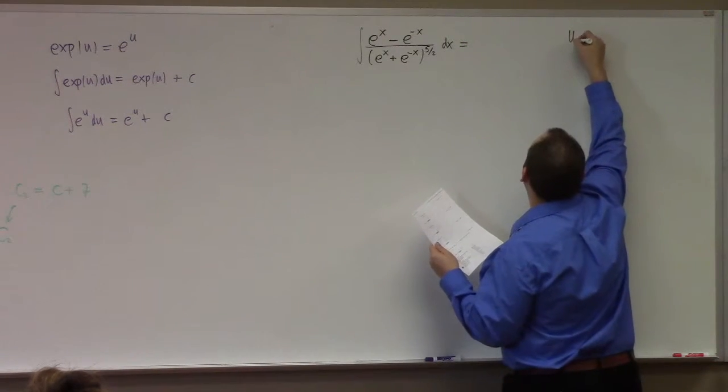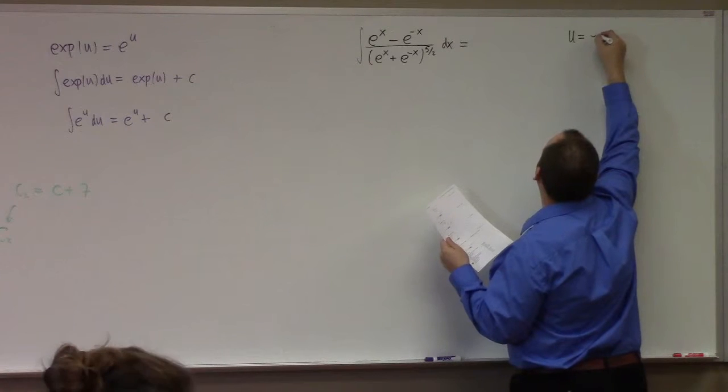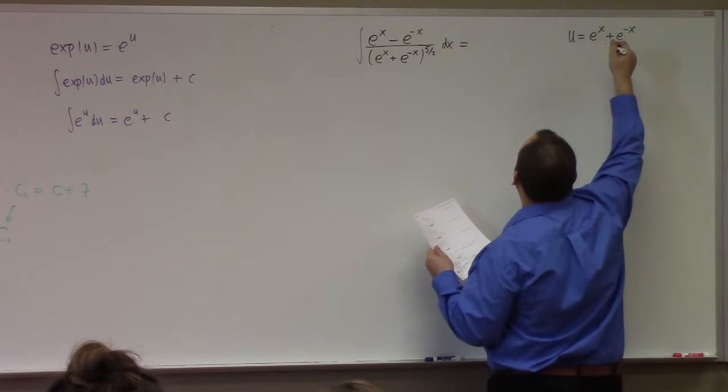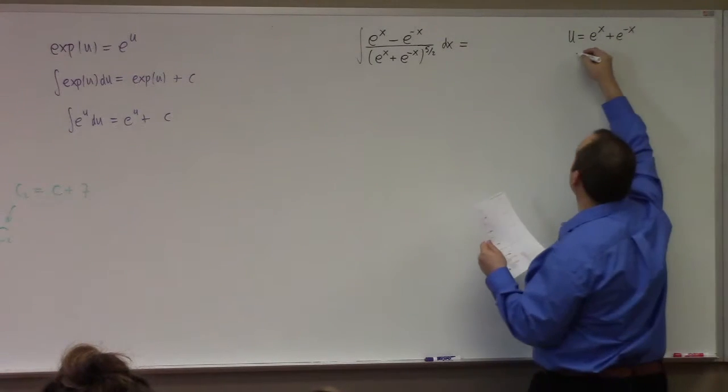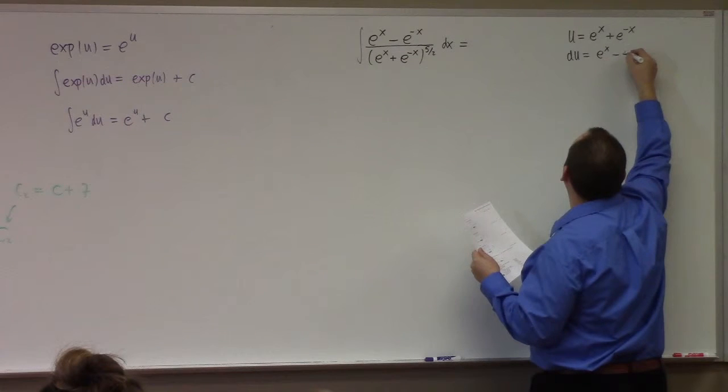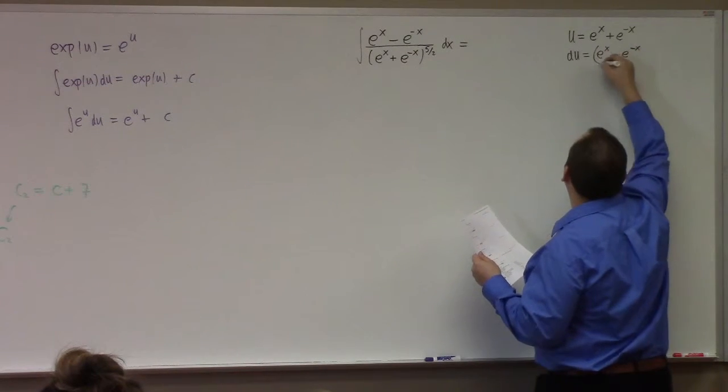Indeed. Yeah, that's what we should do. Now look what happens if you do that. The thing that's super nice about that is when we calculate du, we get e to the x minus e to the minus x dx.